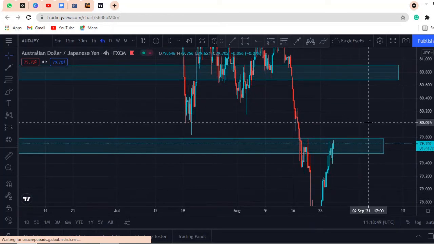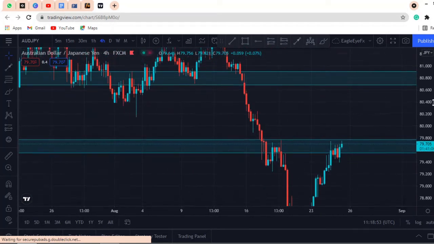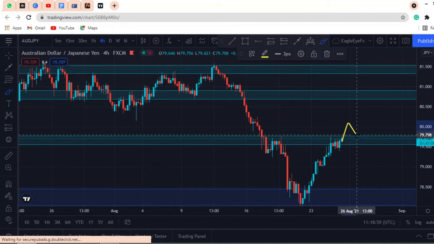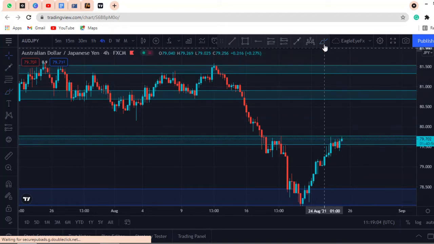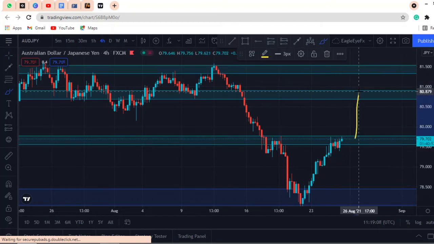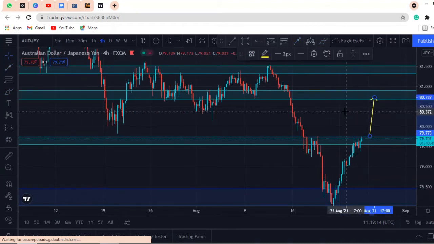So what will I do here? What I'll do is, if this market is able to break this level, then come to find support, then I'll be interested in buys. Then I'll target this particular point over here, right? So I'll enter my buy and target this particular point here, all right?